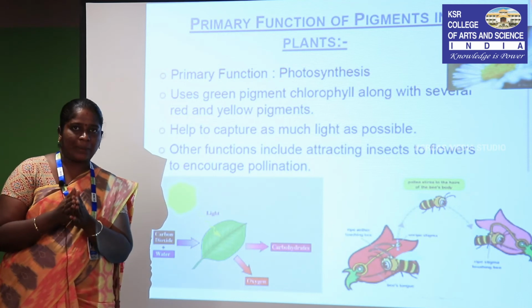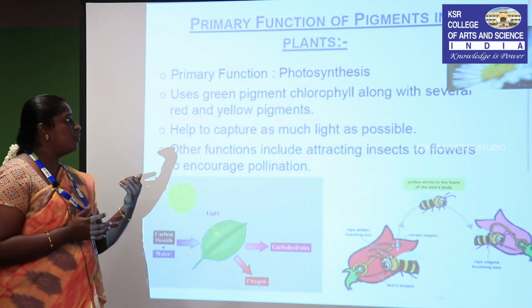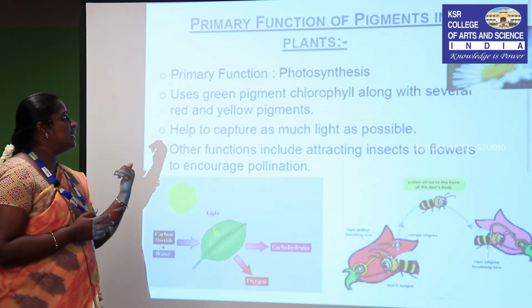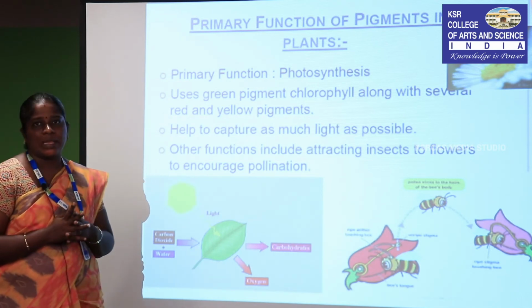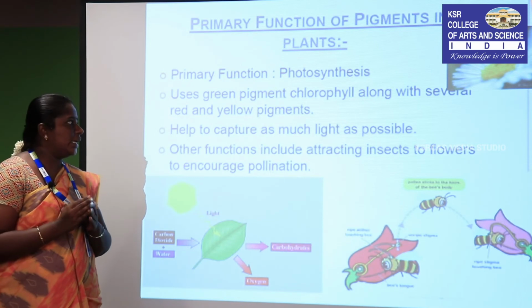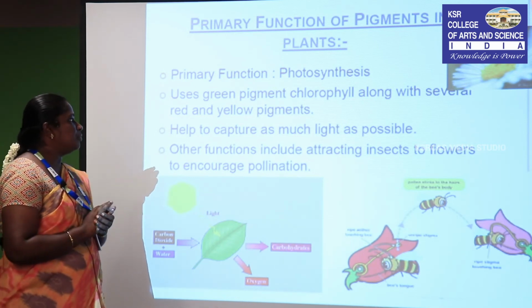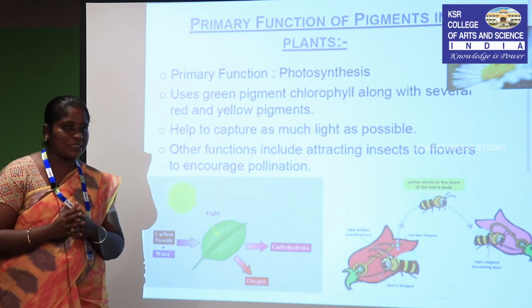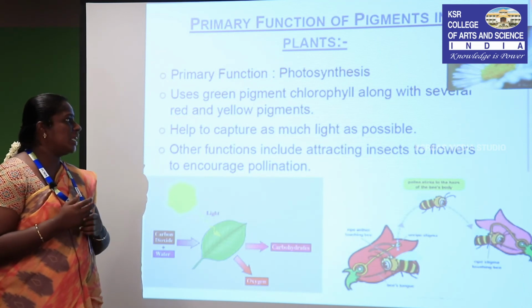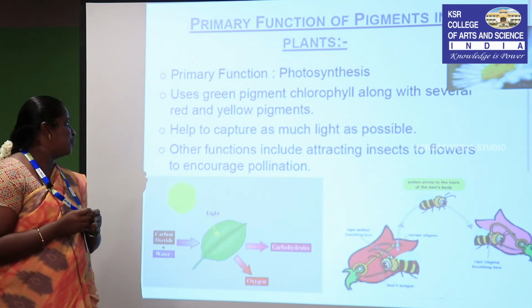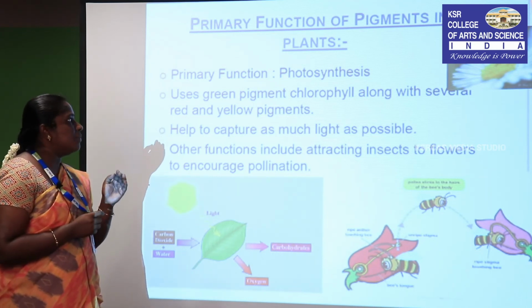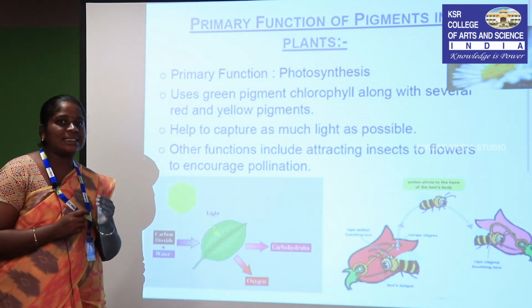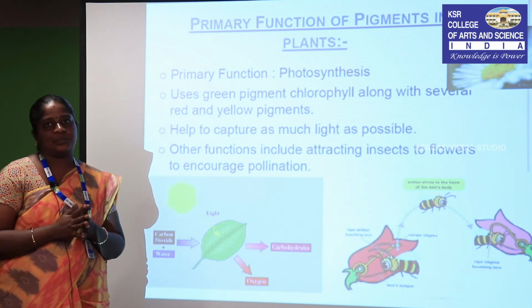The primary function in photosynthesis uses the green pigment chlorophyll along with red and yellow pigments, which help to capture as much light as possible. Other functions include attracting insects to flowers to encourage pollination.